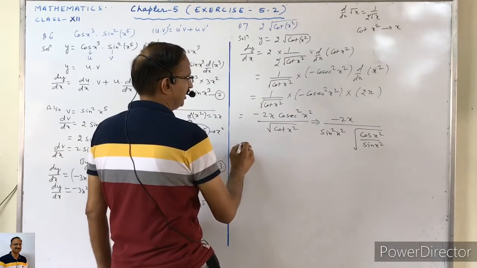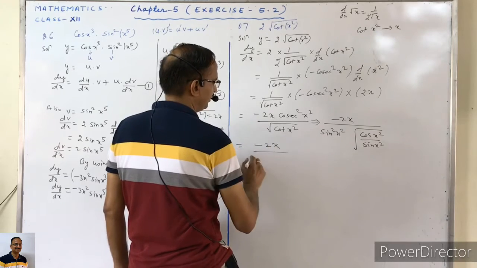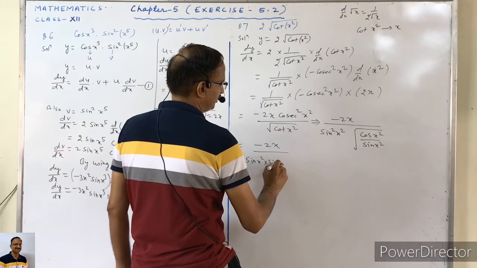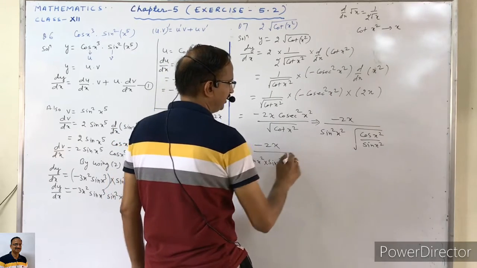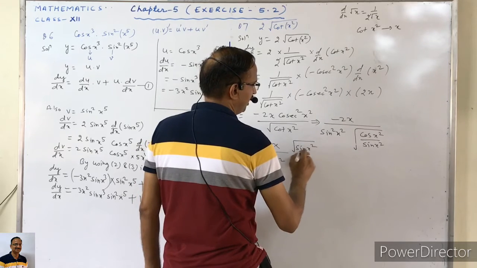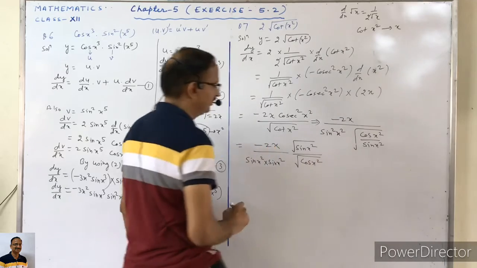So in the next step we can write this as minus 2x, and this can be written as sine x square and sine x square, and this can be written as root sine x square, and this is root cos x square.